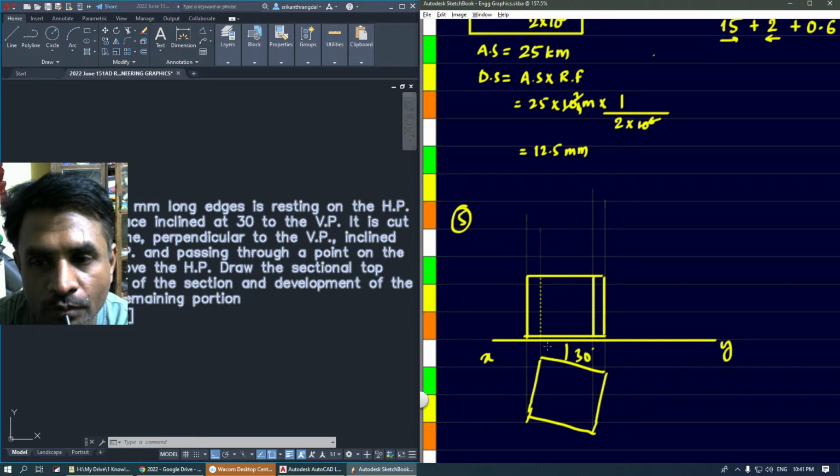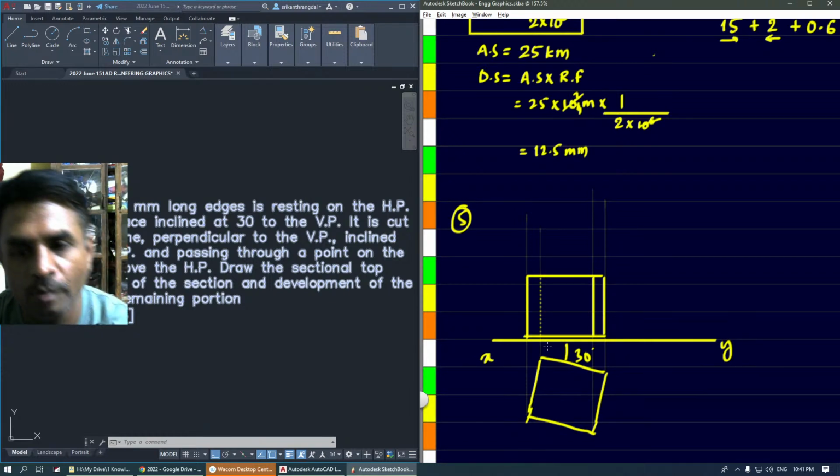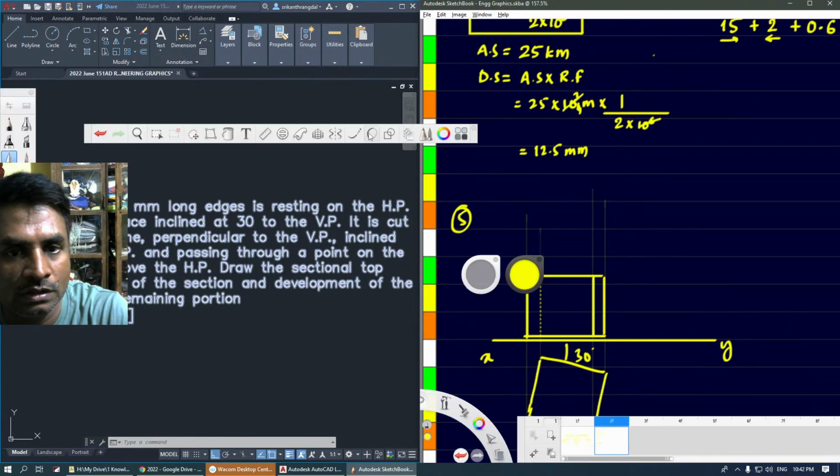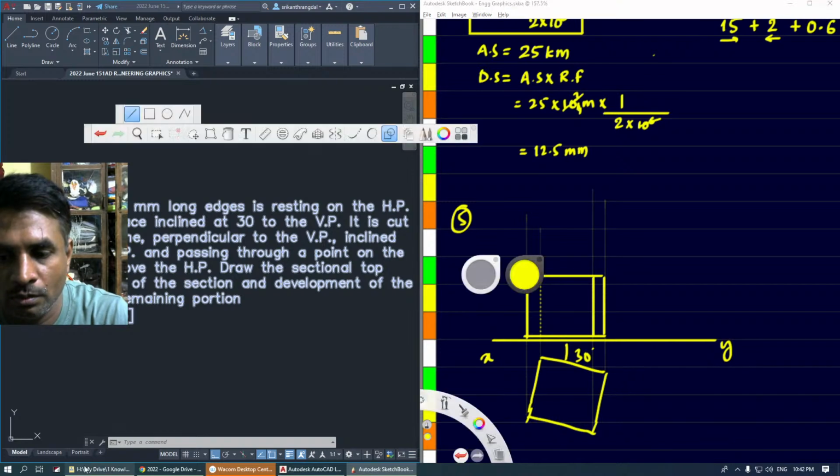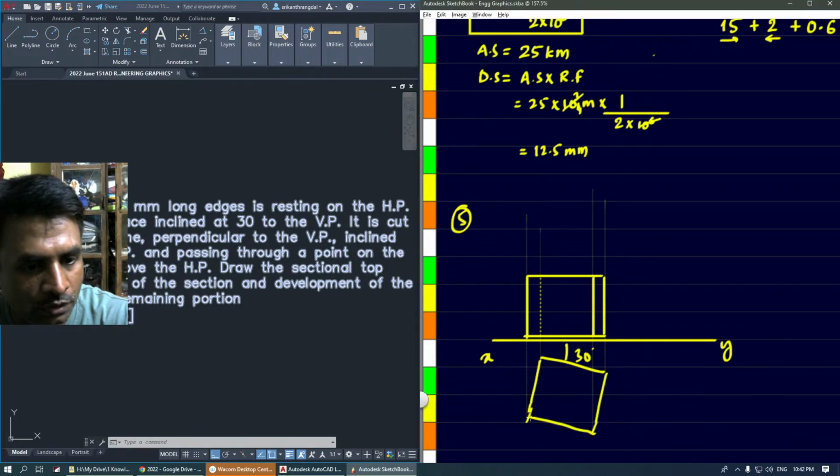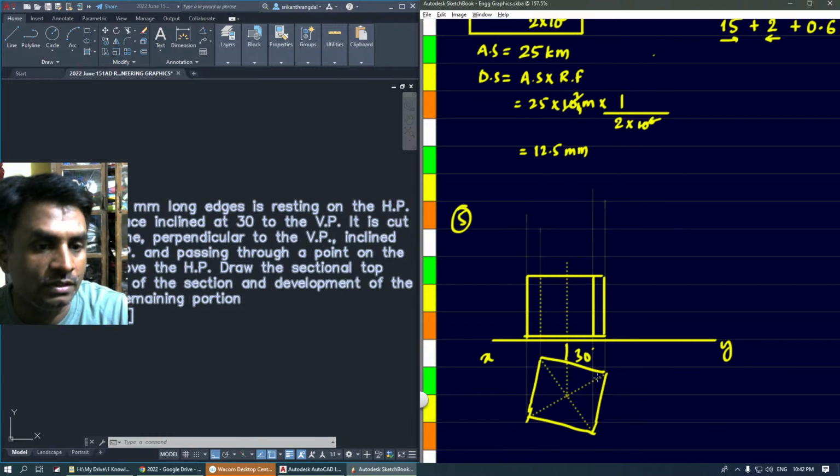Then it is cut by a section plane perpendicular to VP and 30 degrees to HP, passing through a point on the axis 35 mm above the HP. So first we'll have to take the axis. This is my center point, the center of the axis line.